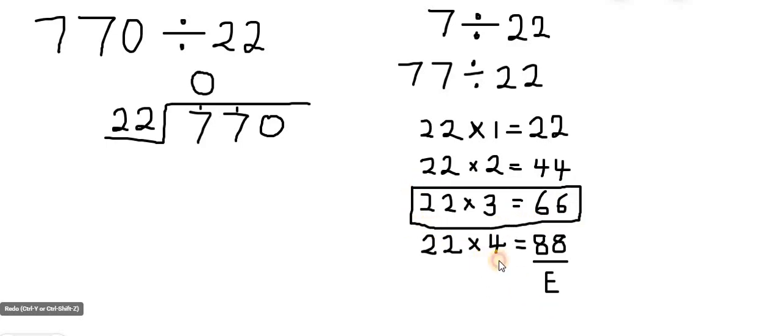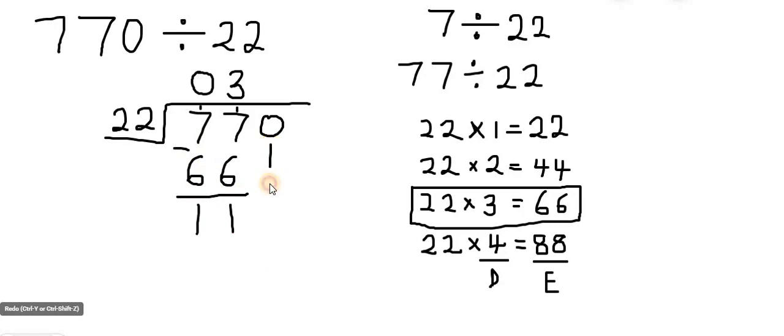So now we go to column D, and that's the number of 22s in 77, which is 3. We put that above the second 7 there, and then we take the answer in column E, 66, and we subtract. In that case, we get 11.